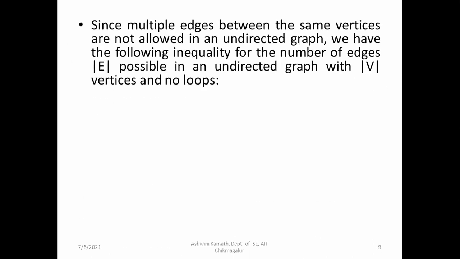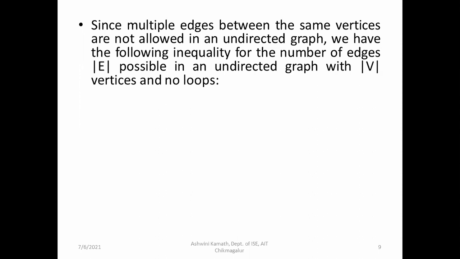Since multiple edges between the same vertices are not allowed in an undirected graph, that is, we are not considering such a graph here, we have the following inequality for the number of edges |E| possible in an undirected graph with number of vertices |V| and no loops.